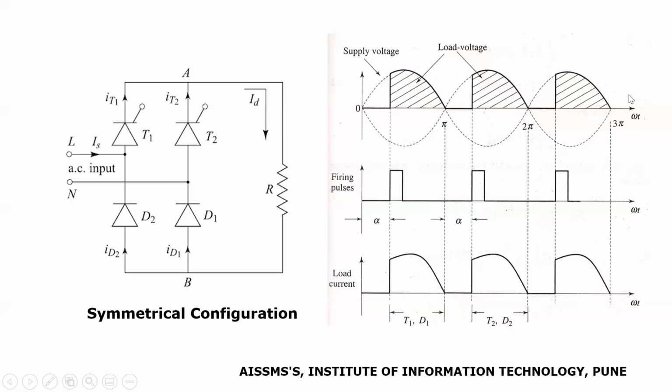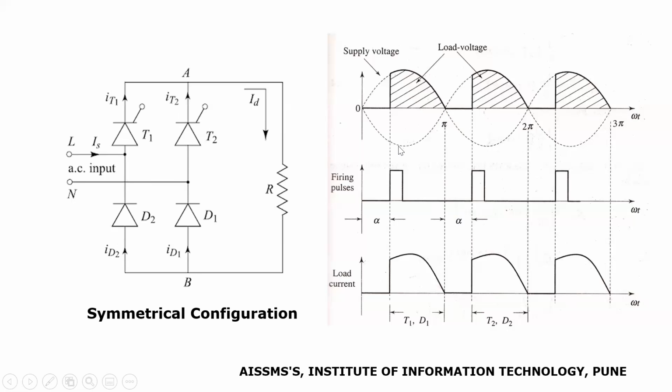At instant omega t equal to pi plus alpha, a triggering pulse is applied to T2. With this, T2 will get turned on and the load will get connected to the source through T2 and diode D2. Hence, the current starts flowing from the N terminal of the source through T2, resistance R, D2 back towards the L terminal of the source.